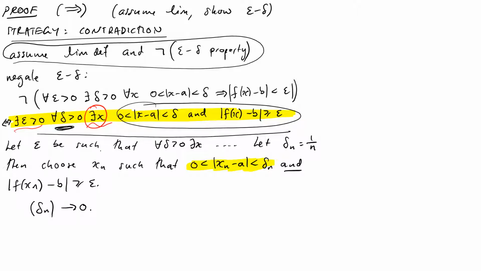Because that absolute value of xn minus a is getting squeezed to 0, and hence the sequence xn converges to a.